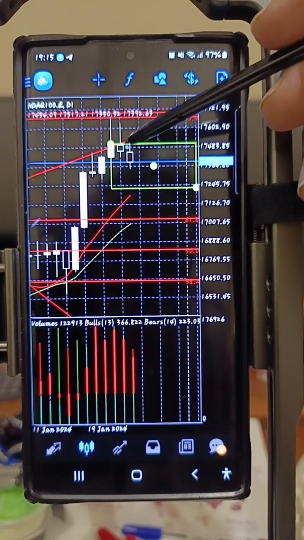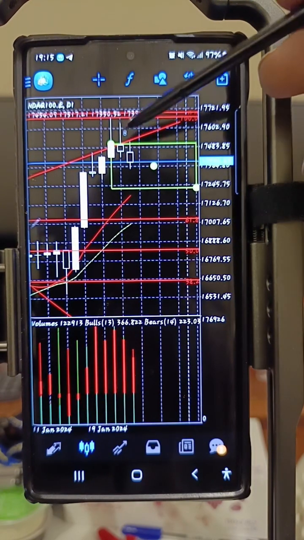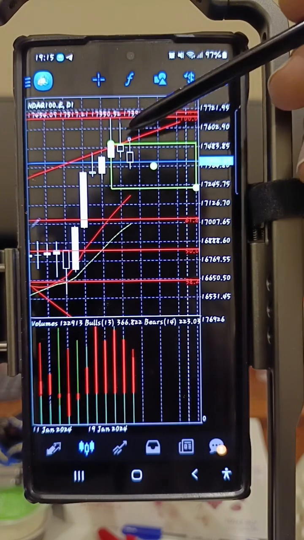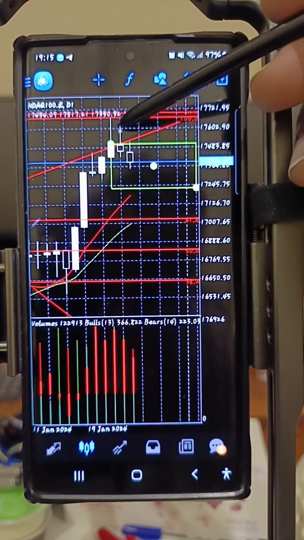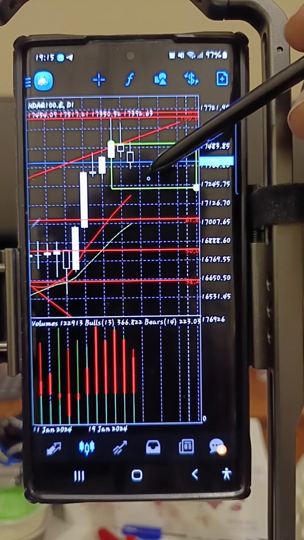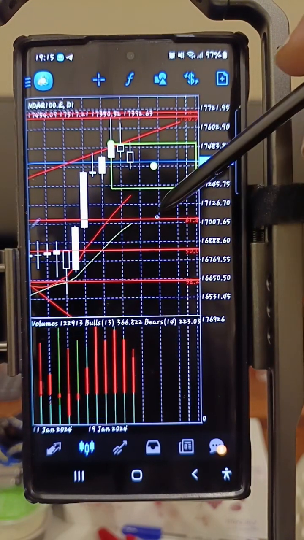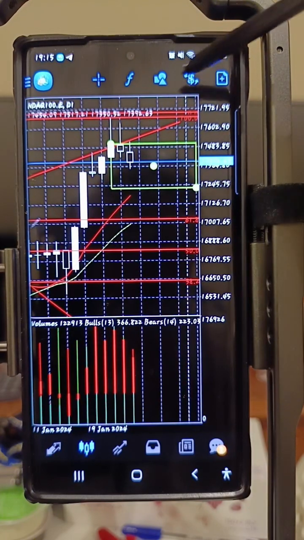So we're looking to see what the big boys will do. From this point here, the market will start to reverse into the 61.8. So I've got several markers here.